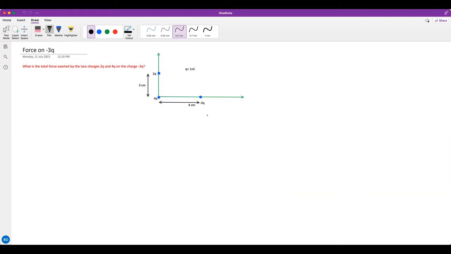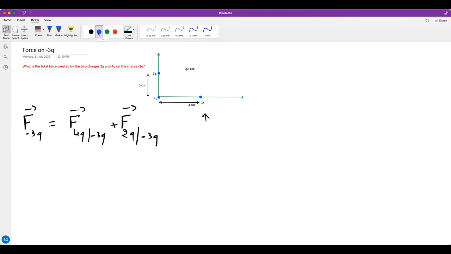Again, the force exerted on minus 3q will be the vectorial sum of the force exerted by 4q on minus 3q plus the force exerted by 2q on minus 3q.